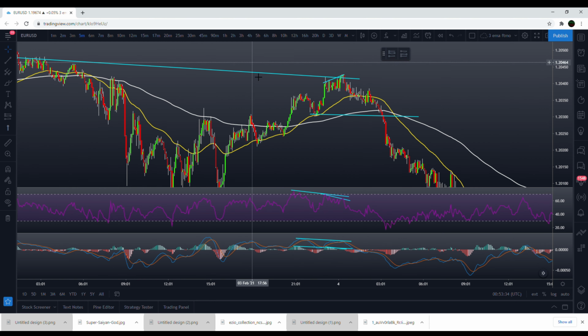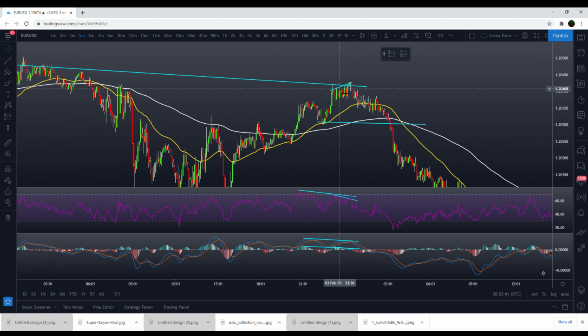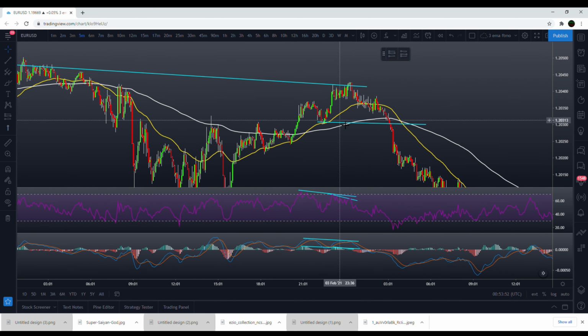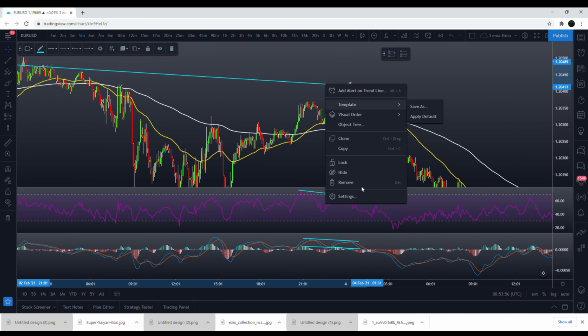So if you're on the 4-hour, you can come down to the 30-minute, or just for an example, I don't know that that's the exact perfect time frame flip, but you get what I'm saying. Higher time frame and then go down to the lowers for a nice entry.